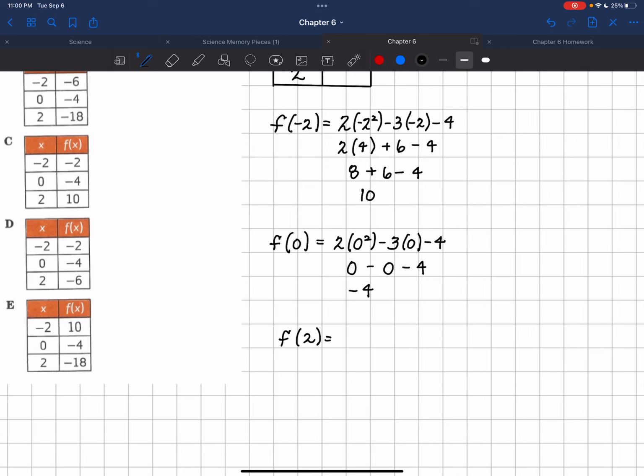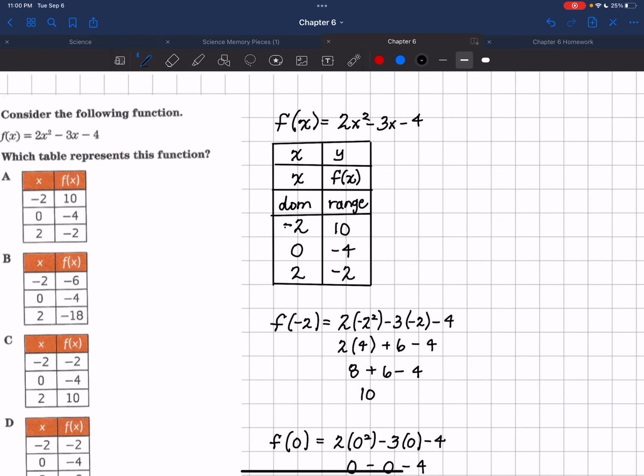You already did negative 2, but this will be different, or it should be. 2 times 2 to the second power minus 3 times 2 minus 4. So this is 2 times 4 minus 6 minus 4. So this is 8 minus 10. That's negative 2.